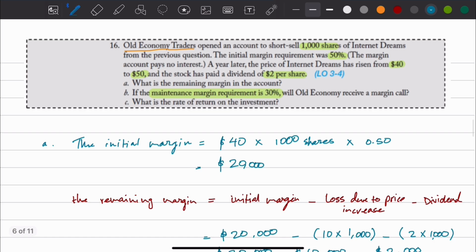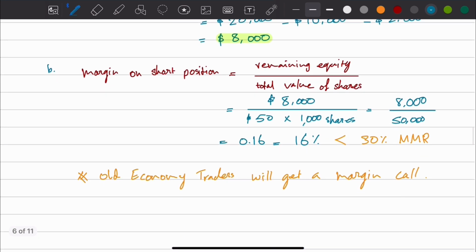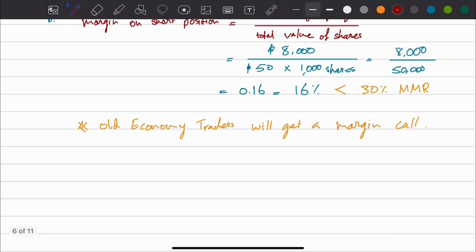Now let's go back and see the last part, part C. It says, what is the rate of return on the investment? Okay, straightforward. The rate of return for the investment, part C. Let's write down the formula again.